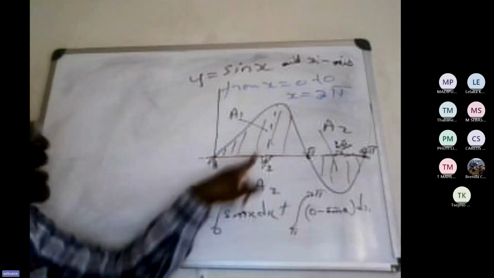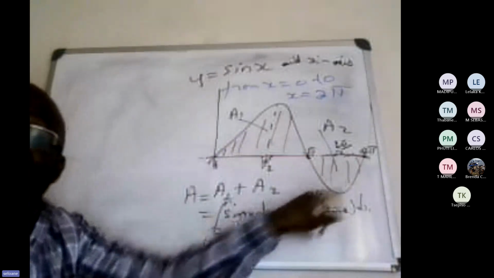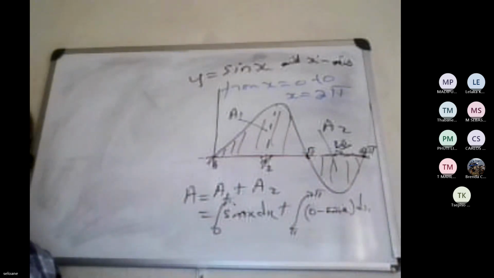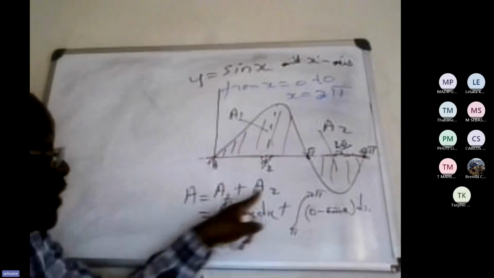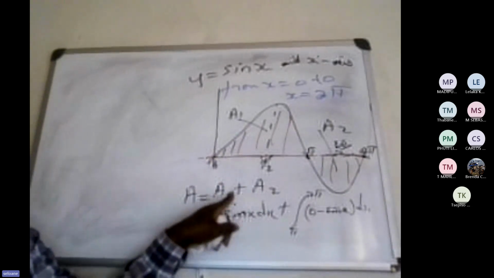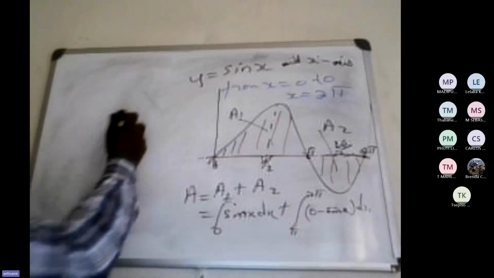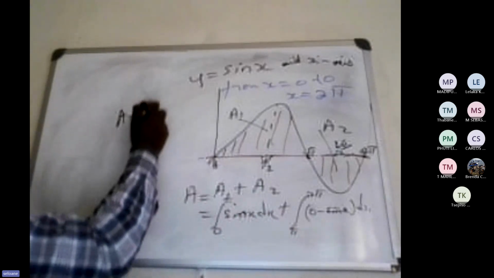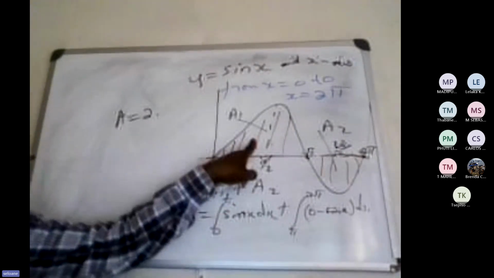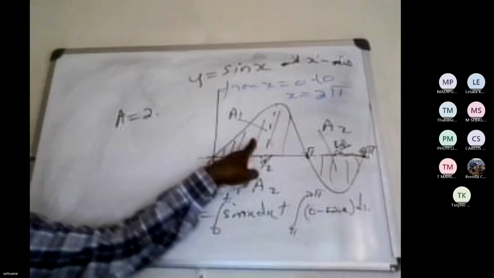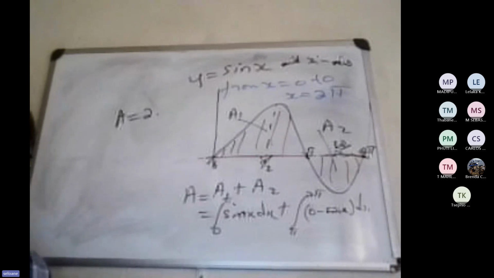So they are symmetrical, meaning they will have the same area value. Therefore, there's no need to do A1 and A2 separately. You can just say A is equal to 2 multiplied by one of them. You evaluate only A1 or only A2, depending on which one is simpler.